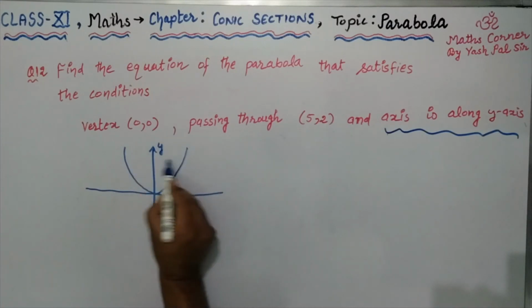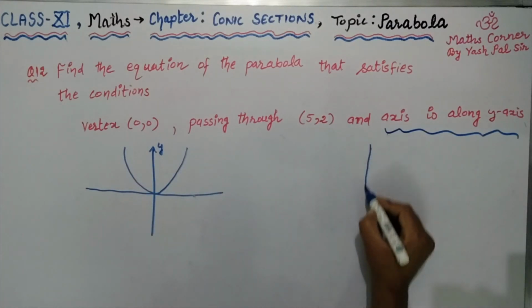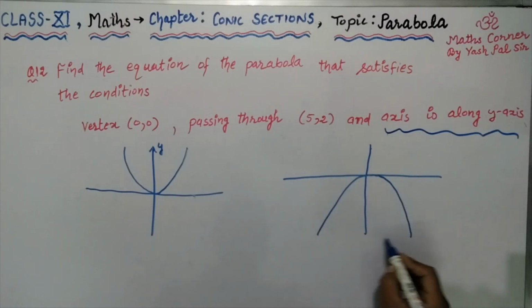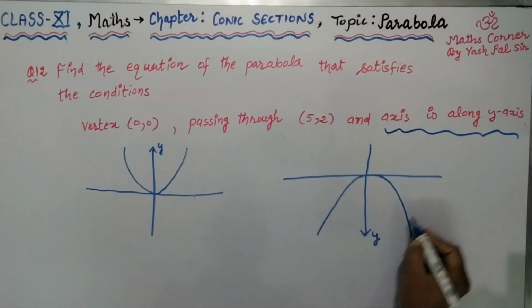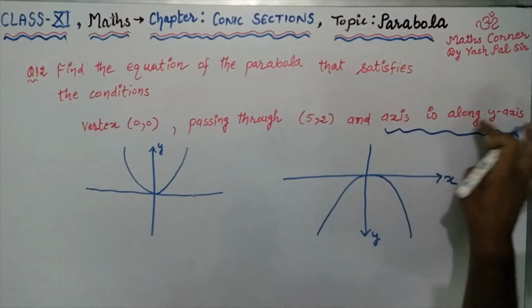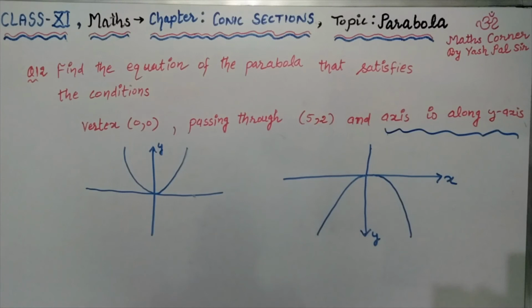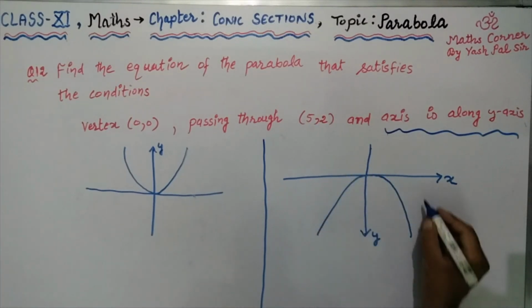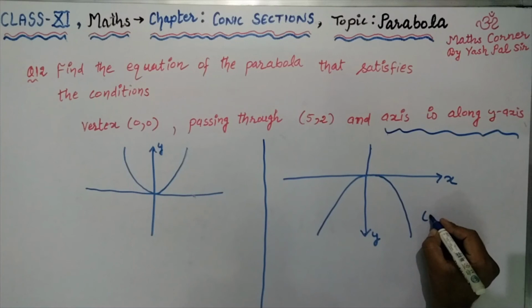So first of all we have the upward parabola, symmetrical about y axis. Next one is the downward parabola, also symmetrical about y axis. Axis along y axis. So which one is to be taken?